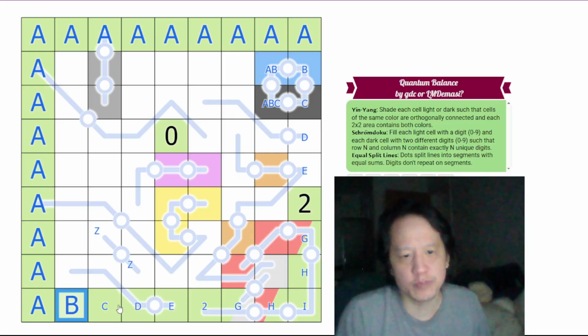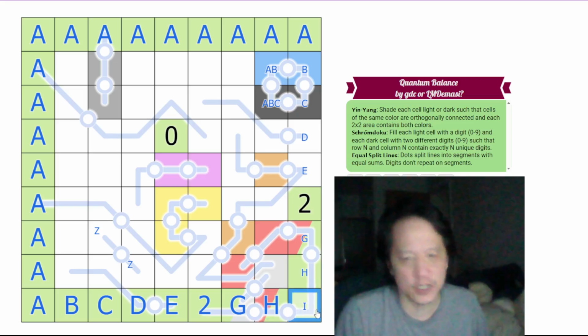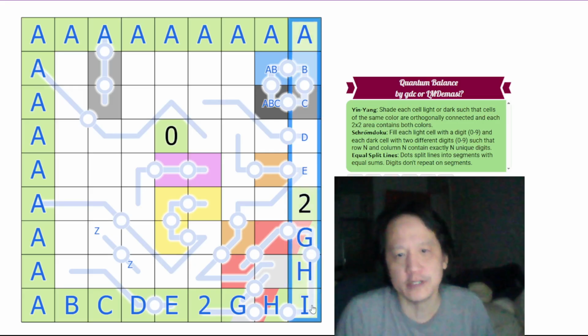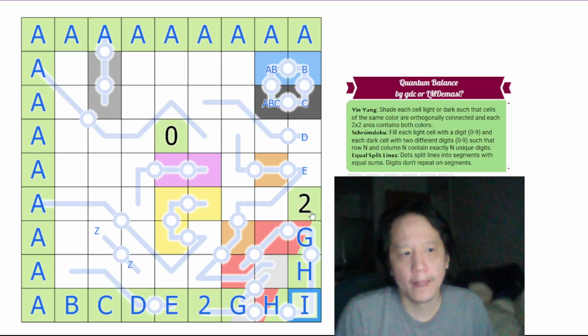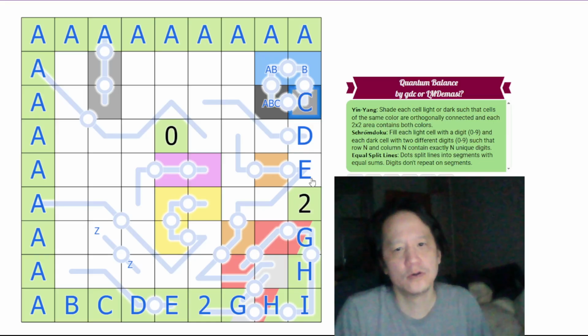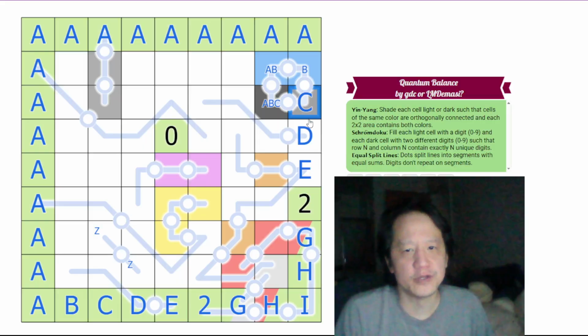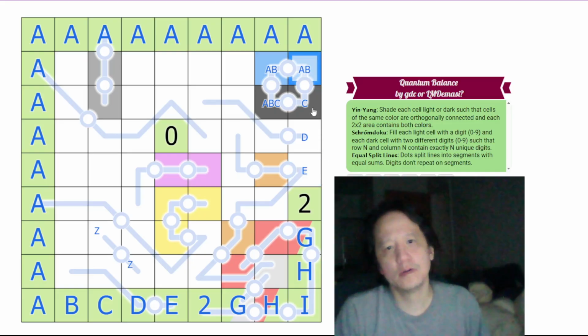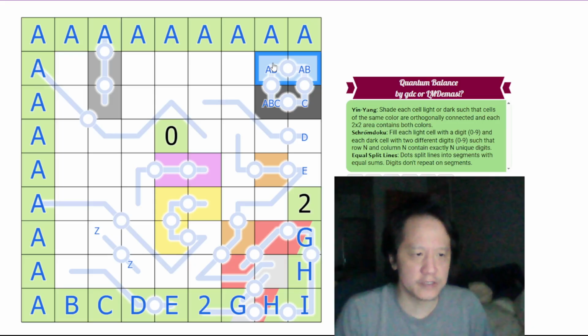This would definitely be B, C, D, E, 2, G, H, and I. And this would be H and G to add so that we have 9 unique digits. This would have to be E, D, and we would have to have C here added. But these could be blue. So this would be AB, AB and AB added together.